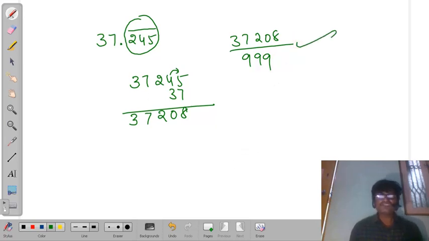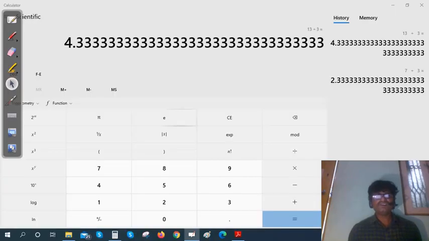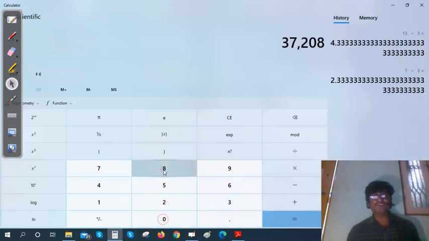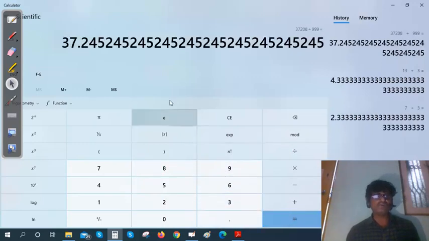Let us check whether this is right or not. 37,208 divided by 999, let us check by using the calculator. What is it that you got? You see, 37.245245.